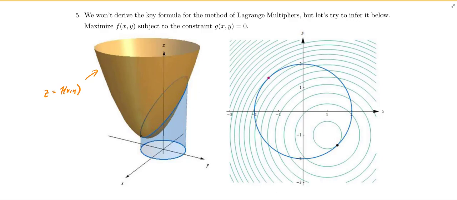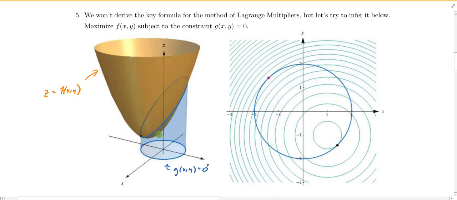In this case, our constraint is that our x and y values need to come from this circle down here in the domain space. So this is our constraint, g of x comma y needs to equal 0. That's our constraint curve, and we'll learn how to build that from some given information as we go along.